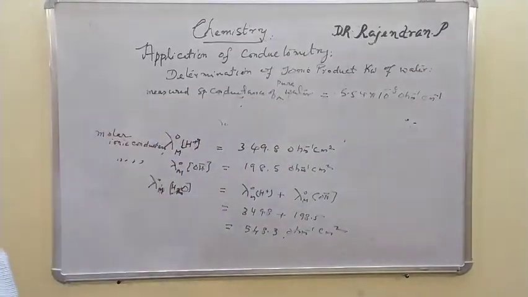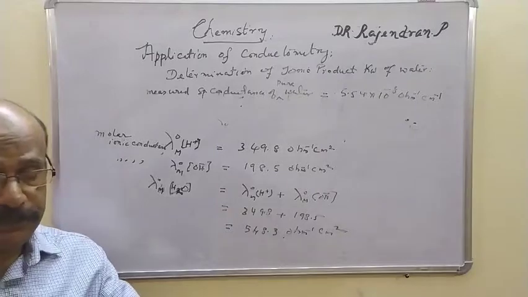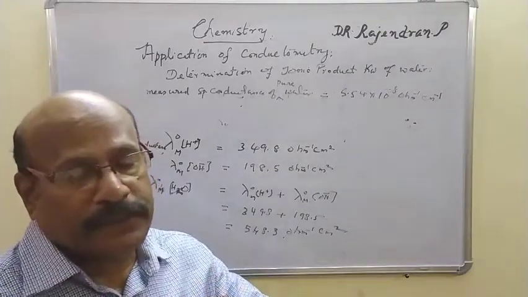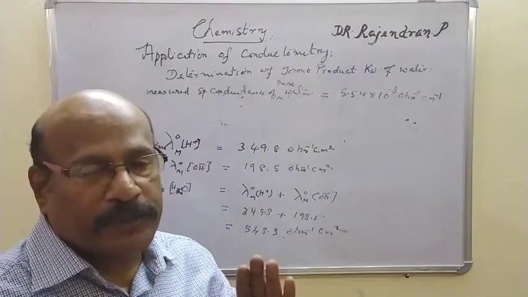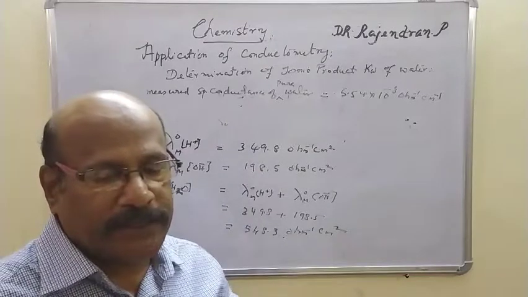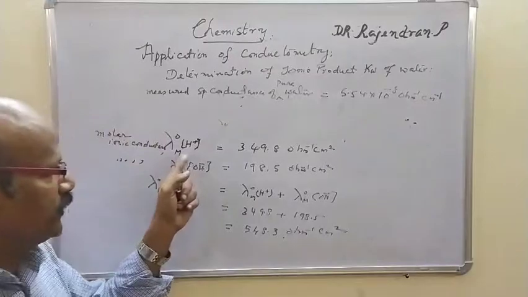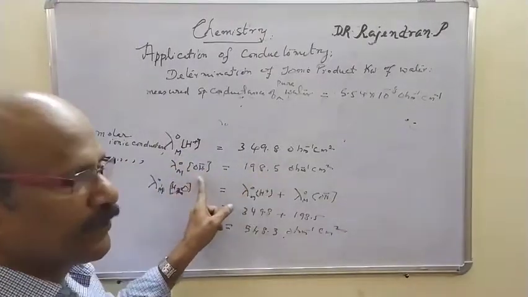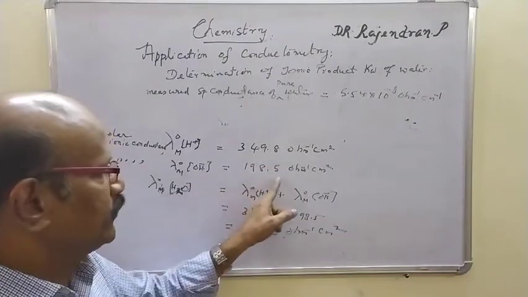Okay, so we have three values obtained by conductometric measurement with respect to water. For water we have three parameters. That is, the ionic conductance of H plus ion at infinite dilution, 349.8, and that of OH minus ion, 198.5.